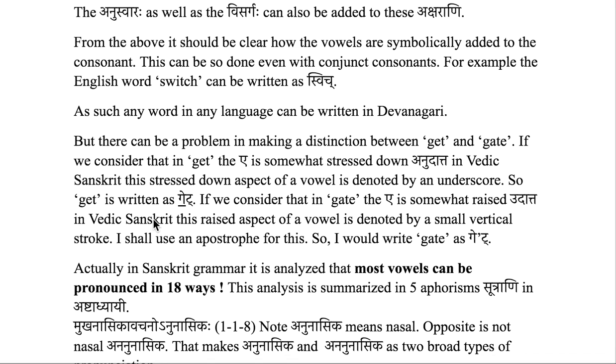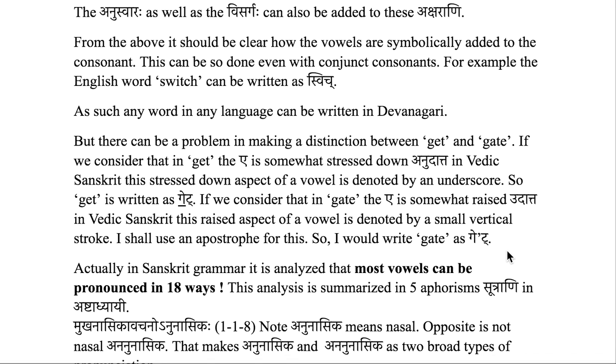So get is written as G underscore T. If we consider that in gate, the A is somewhat raised, udatta, in Vedic Sanskrit, this raised aspect of a vowel is denoted by a small vertical stroke. I shall use an apostrophe for this. So I would write gate as G apostrophe T.